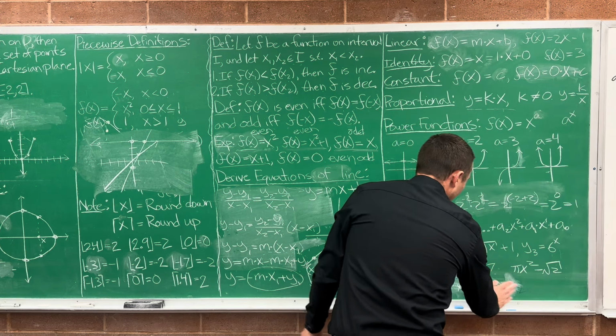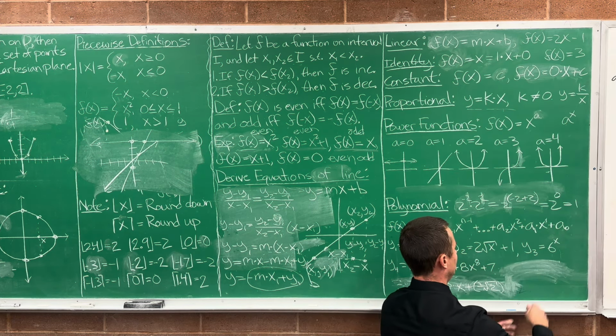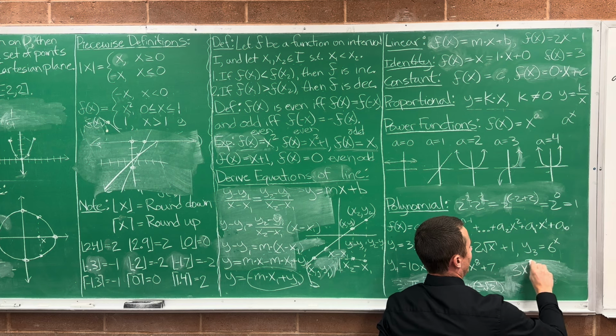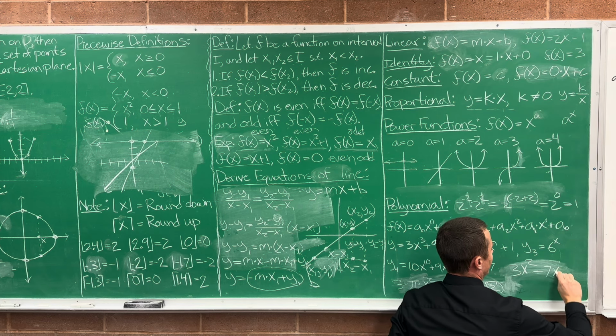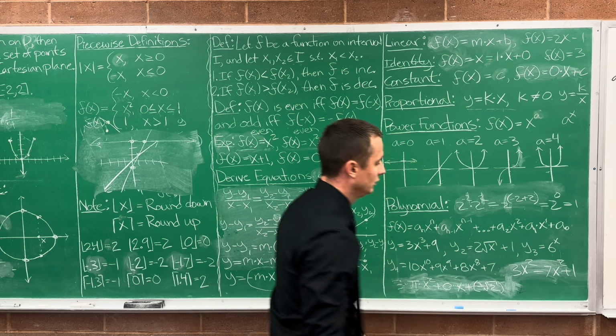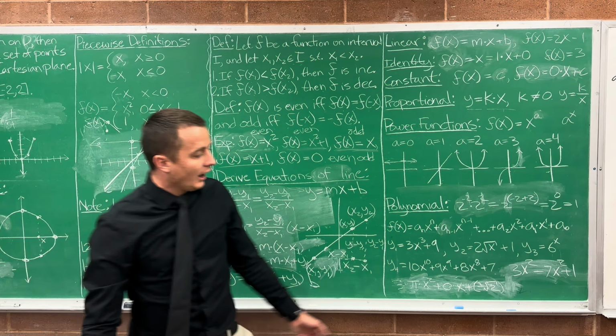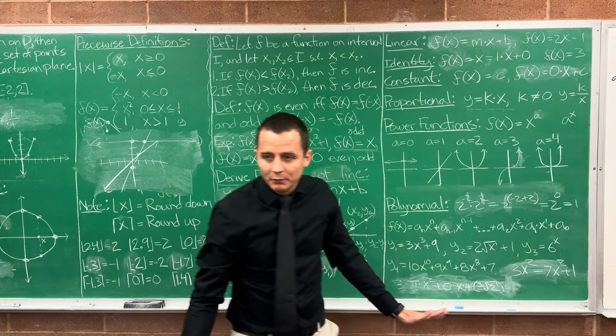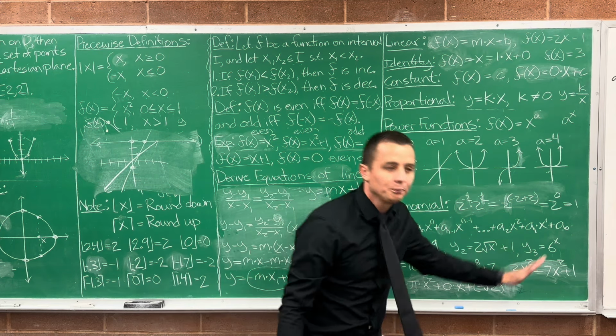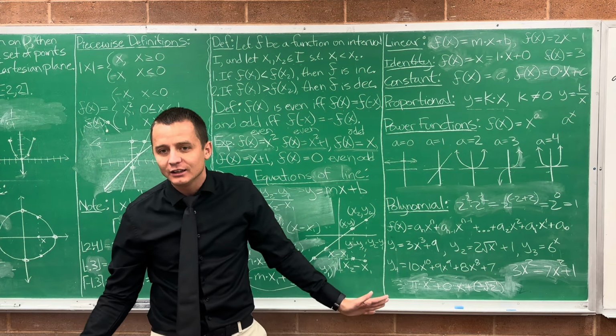Maybe try another one. Is this a polynomial? We'll say 3x squared minus 7x squared plus 1. No. Is that a polynomial? Wait, now what did I just tell you? I told you if all your x's are whole positive numbers, you're pretty much guaranteed it's a polynomial.